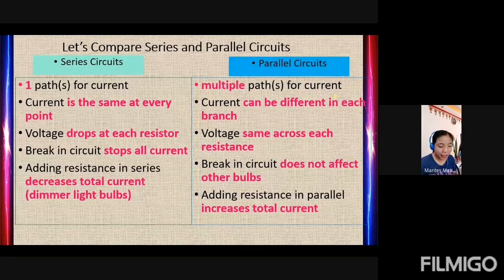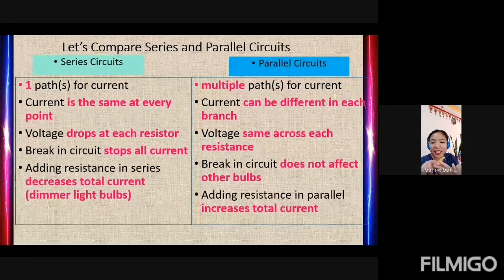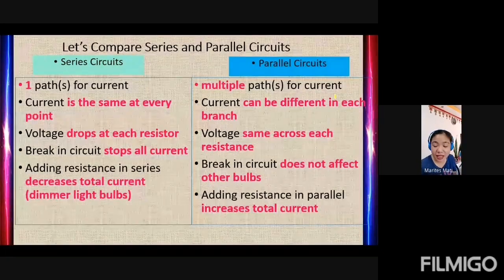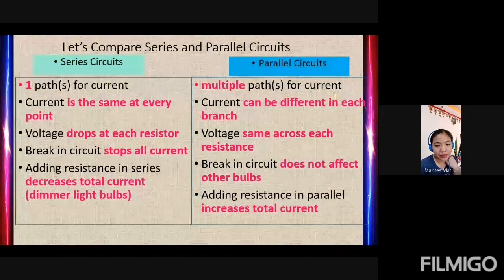Okay. A break in a series circuit stops all current. So, if one is broken, they all burn out. If one burns out, even if there are three, they all go out. While in parallel, it does not affect the other bulbs. If one burns out, the other two still work. Then, in series, adding resistance in series decreases total current.